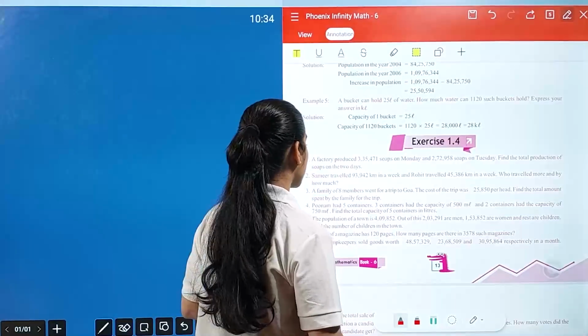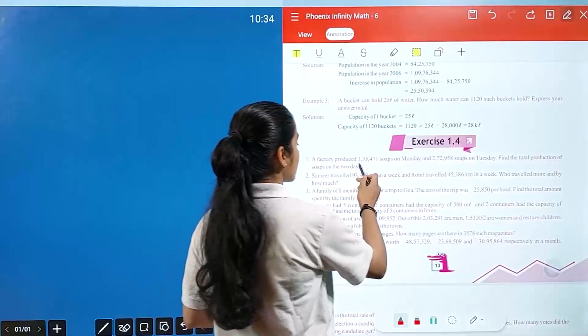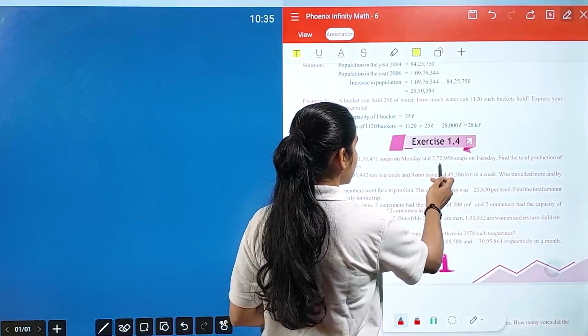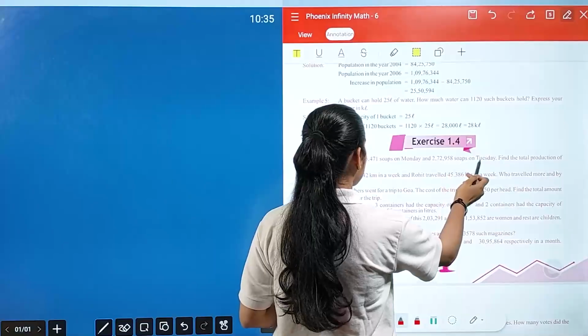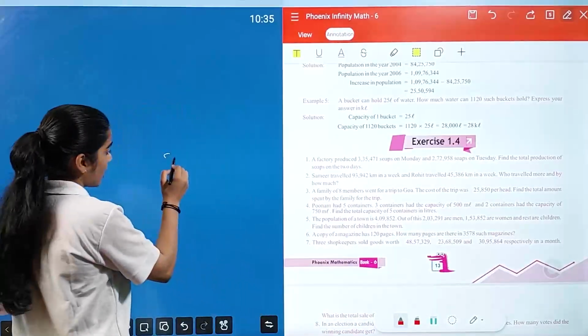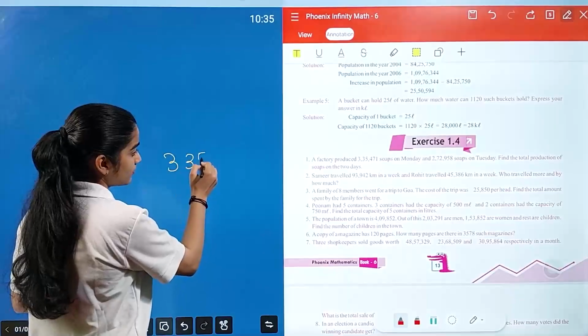Next we have exercise 1.4. A factory produced 3,35,477 soaps on Monday and 2,72,958 soaps on Tuesday. Find the total production of soaps on the 2 days. So we have to add them together.